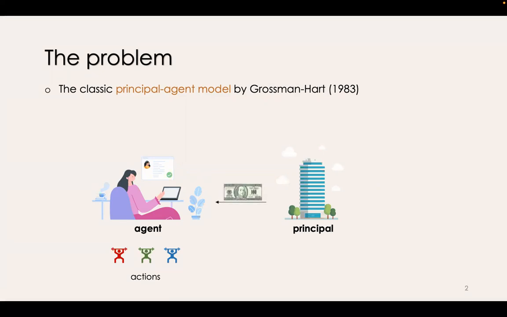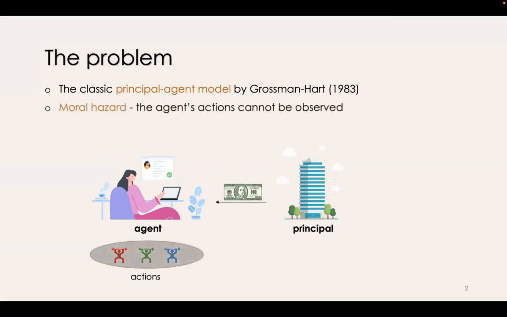The principal seeks to influence the agent's choice, and this influence will often take the form of a contract in which the principal monetarily compensates the agent for his actions using payments. And the fundamental challenge in contract theory is known as moral hazard or hidden action, which captures the idea that the principal is typically not able to observe the agent's exact actions.